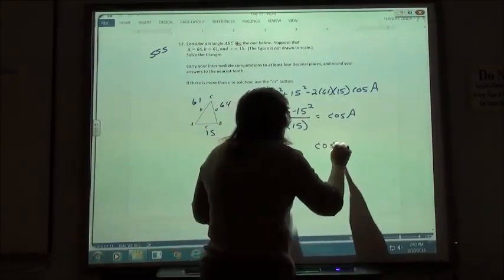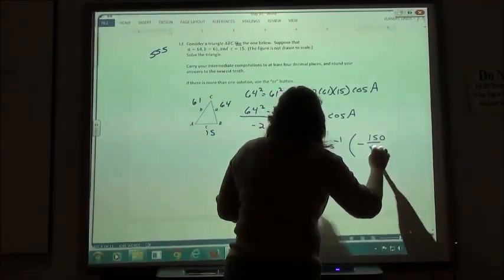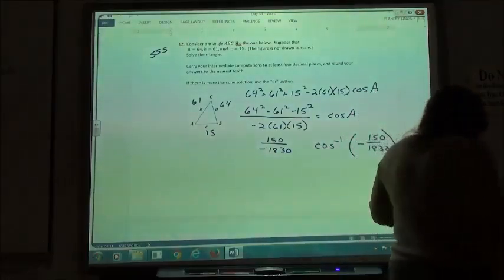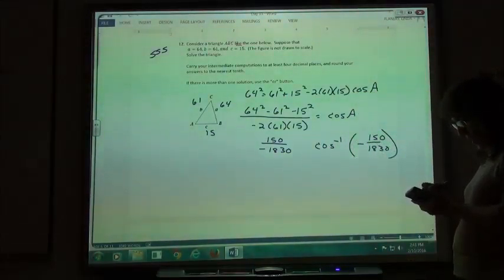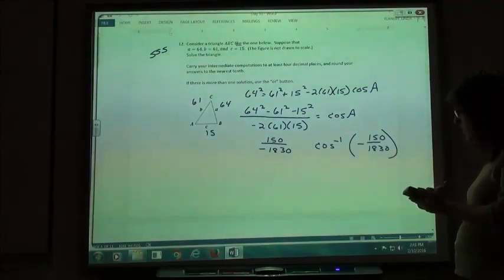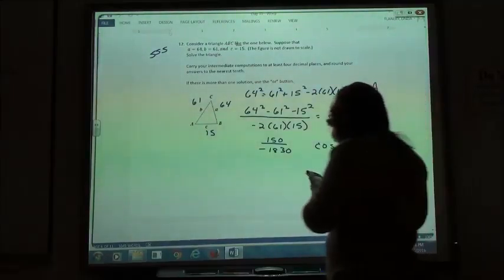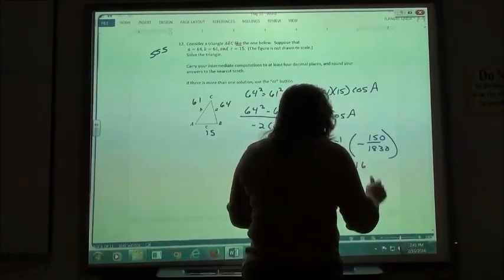So the inverse cosine of negative 150 over 1830, since we had a positive over a negative. So inverse cosine, parentheses, negative 150 divided by 1830. Close my parentheses, hit equals, I get 94.7016.